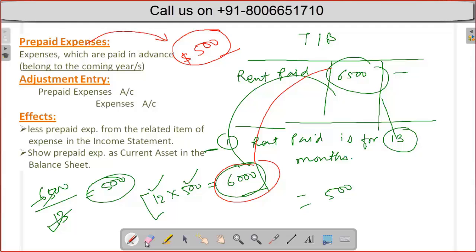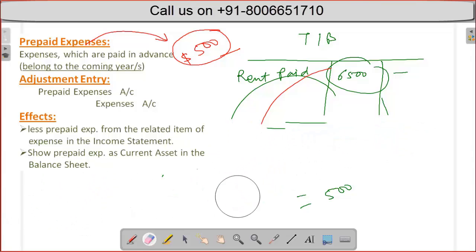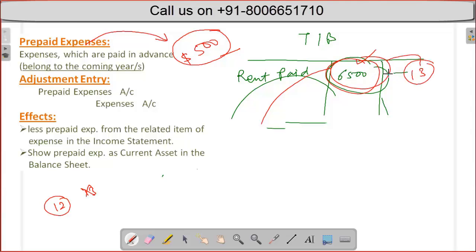Got it? Now you tell me, do I have to bring this 500 or do I have to remove this 500? Yeah, got it. Because in the income statement we are to show only rent for 12 months, not for 13 months. This rent is for 13 months, but in the income statement we are to show 12 months rent, that is 6,000.